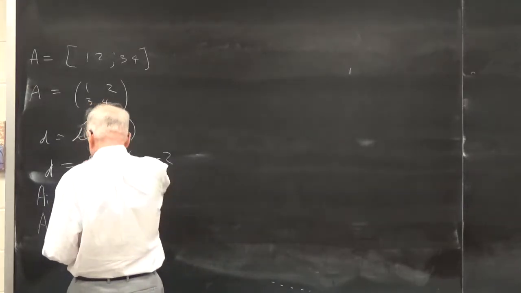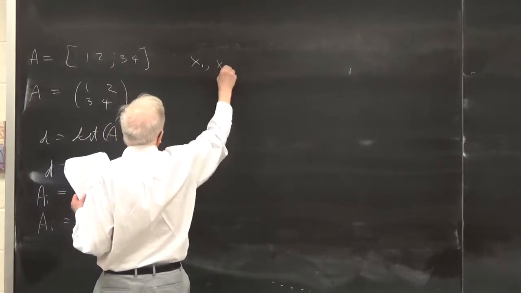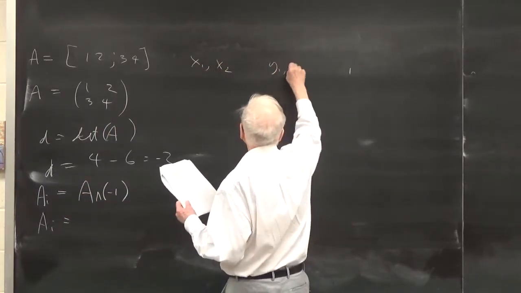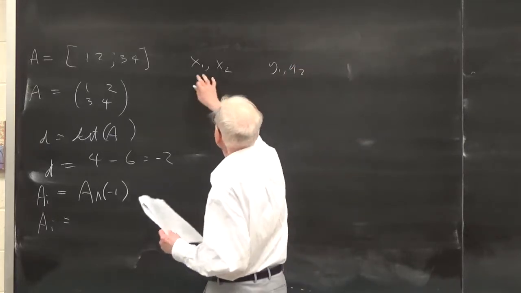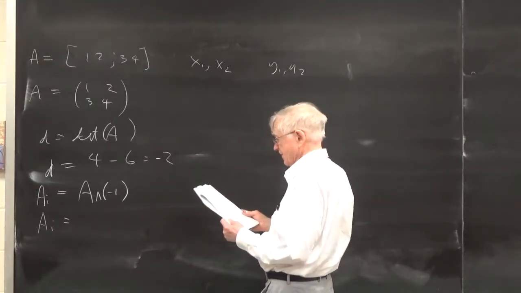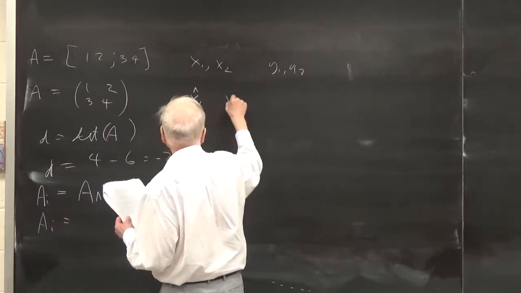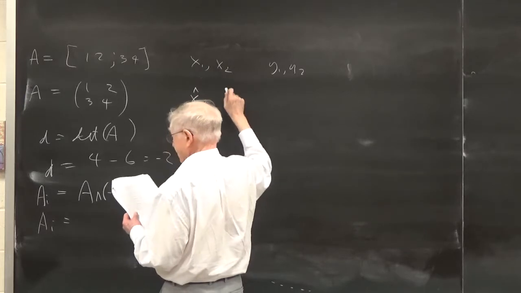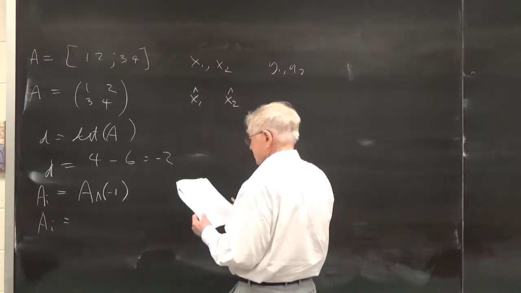Suppose we have two systems of coordinates, x1, x2, and say y1, y2. And let's just imagine for simplicity that we can write the x's in terms of the y's and the y's in terms of the x's. And suppose x1 hat and x2 hat are unit vectors in the x1 and x2 directions.